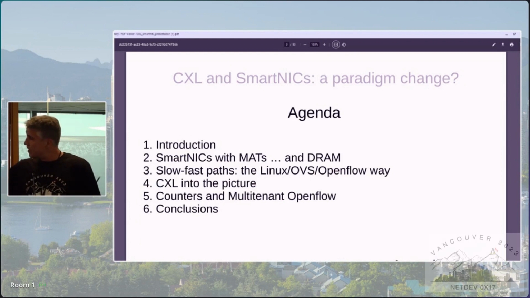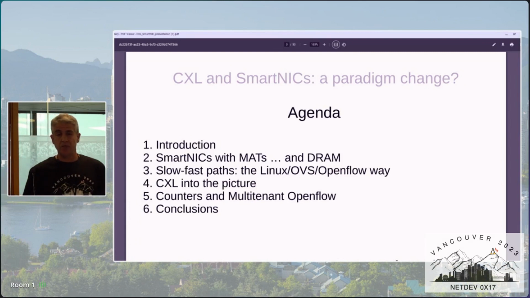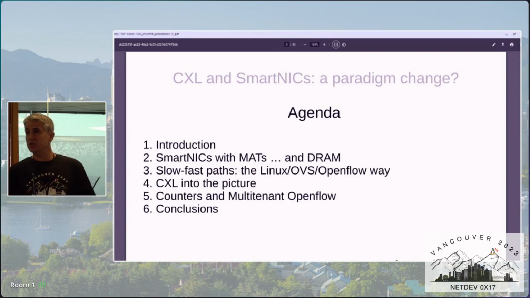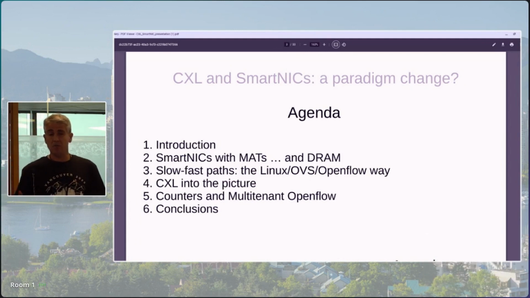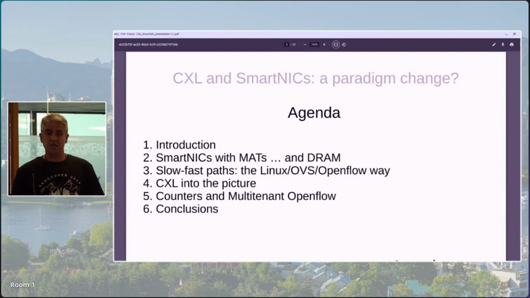So I will then explain how these semantics can be used or are being used with the Linux kernel, with the Linux OVS TC.